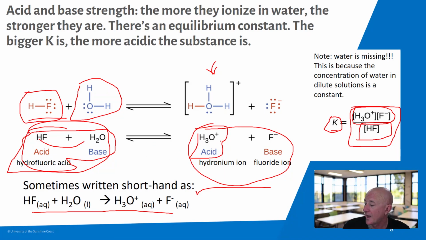But if I happen to be reading it from right to left, can you see that this hydronium ion can actually add a proton to the F minus, in which case this hydronium ion would be by definition an acid, and of course the F minus would be a base. Now there's nothing magical about this.